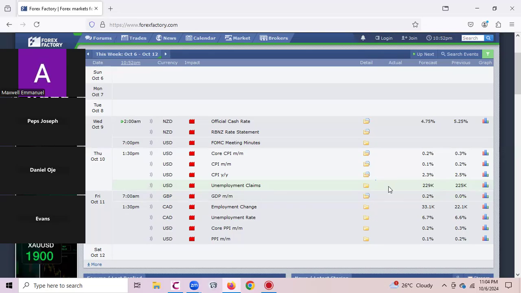Now, in this case, actual should be less than forecast. This is unemployment claims. So if actual is less than forecast, that will be positive. I hope you get that. This is unemployment claims, not employment. It means you have more people who are unemployed.